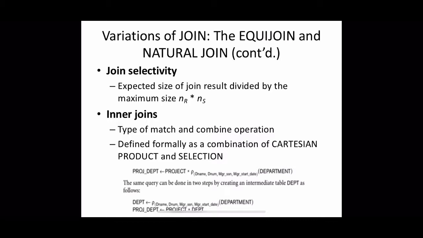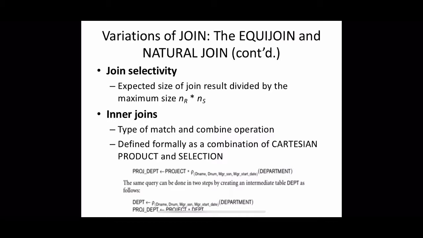Now we can see an example for this join. We want to combine each project tuple with the corresponding department tuple that controls the project. So we have to relate each project with the department which it controls. We can perform the natural join operation here using the department number as the join attribute, so they are correlated using the department number.